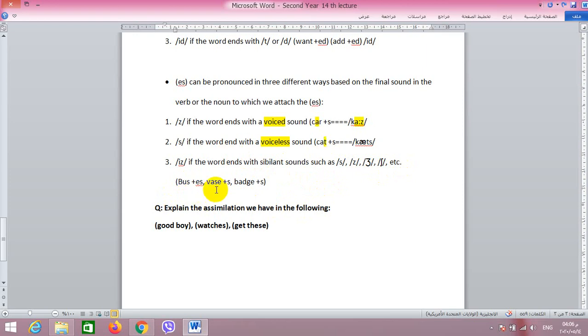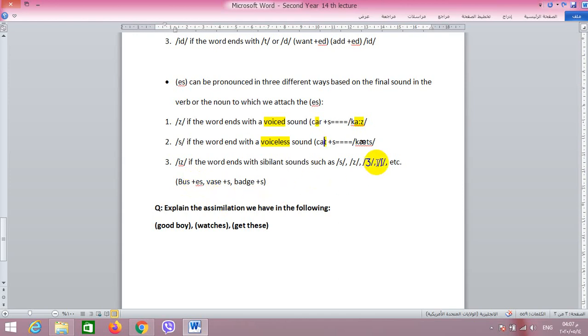Vase, we say vases or vahzes, both pronunciations are correct. Badge, badges, watch, watches. Okay, so we have iz because again it's very difficult to say busz. It's almost impossible to end the word bus or pronounce es as s or z. We need a vowel, and it becomes buses, vases, badges.